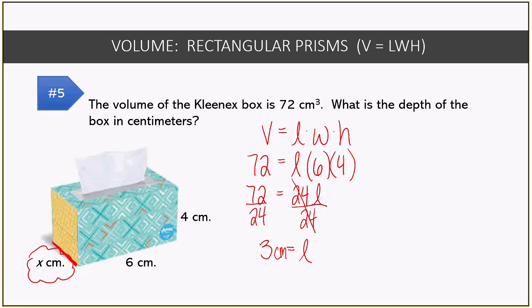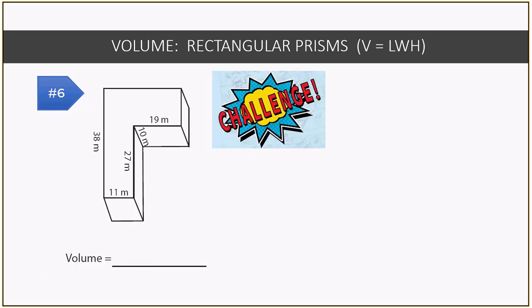So now we've looked at examples where we want to calculate the volume. We've looked at 2 examples where we know the volume and we're trying to find one of the dimensions. And now we're going to do kind of a challenge question. So if you were asked to find the volume of this shape, and if we were sitting in class, I'd probably give you some time to try to discuss it with each other. But if you were trying to find the volume of this shape, you quickly realize that there is no formula for the volume of an L-shaped, 3-dimensional block.